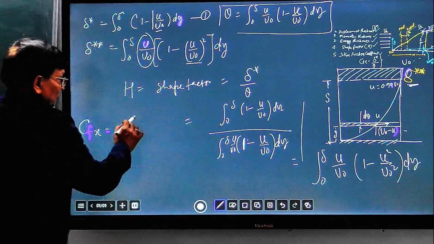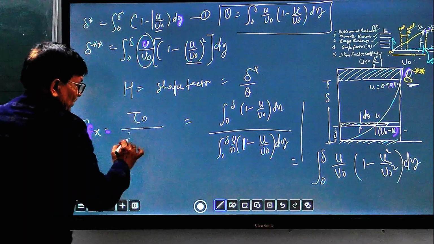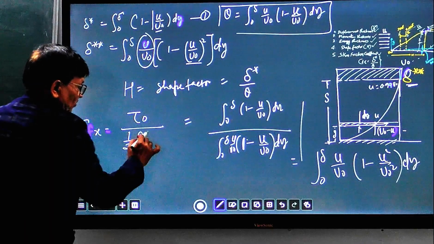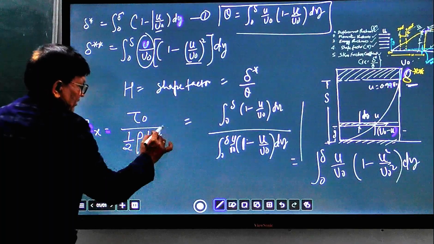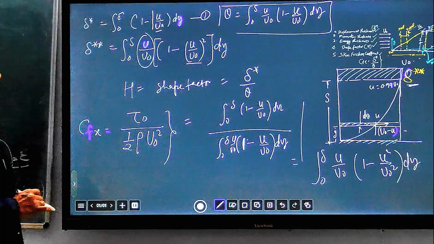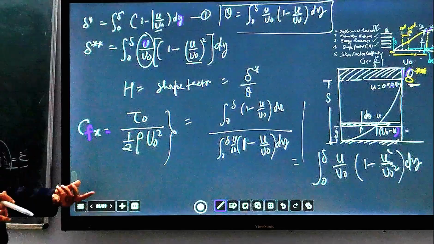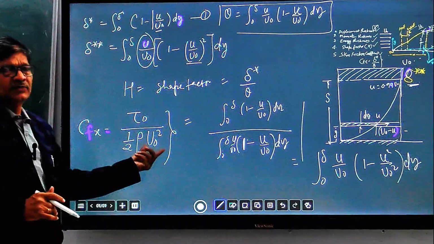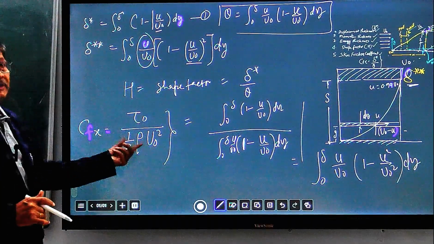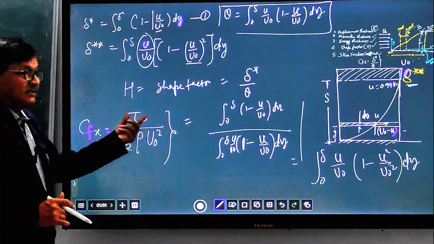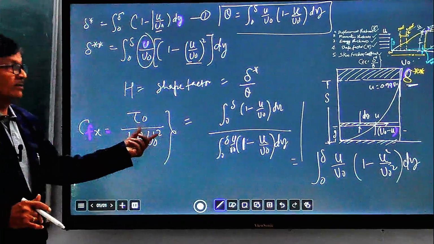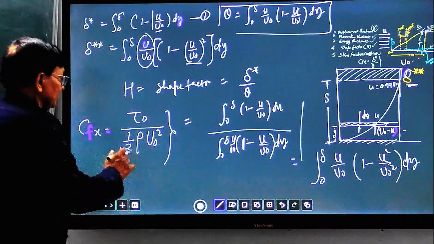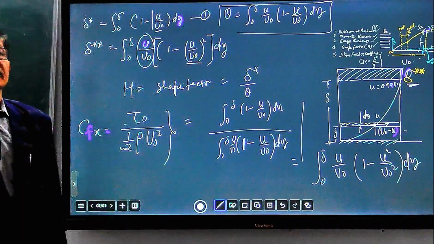So this ratio is tau naught upon 1 by 2 rho u naught square, where u naught is the free stream velocity or some other velocity. But tau naught is the wall shear stress, which is maximum over the surface of the wall. So this ratio is again a dimensionless quantity.